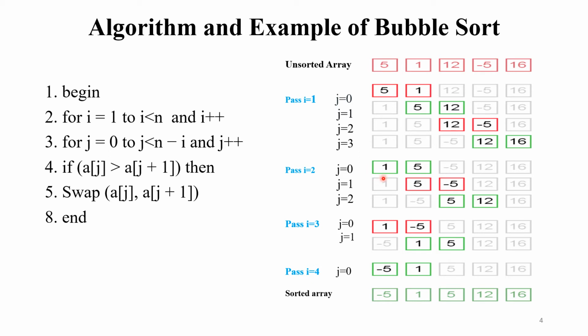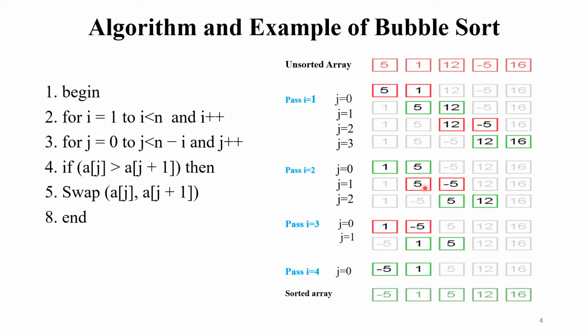Now in each pass we start by comparing the two elements at first index and second index. So here first index is 1, second index is 5. So we compare these two elements. So here 1 is already less than 5. So we do not interchange these values. So write here 1, 5, minus 5, 12 and 16 as it is.